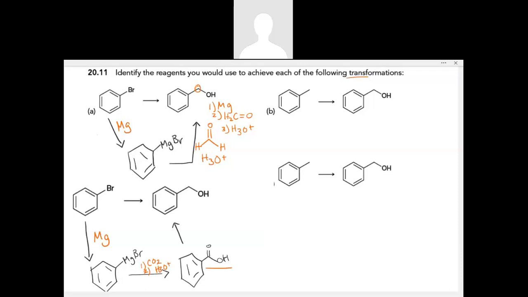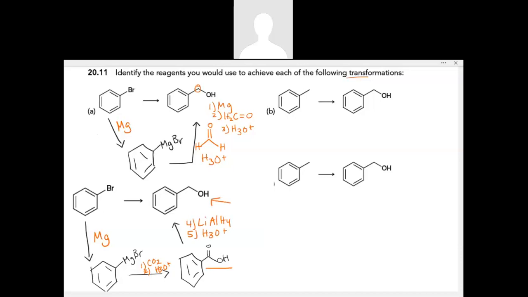And then we generate this intermediate of our benzoic acid, and then through a reduction in this next step here using lithium aluminum hydride, and then aqueous acid again, we can generate our desired product, this benzyl alcohol product here.